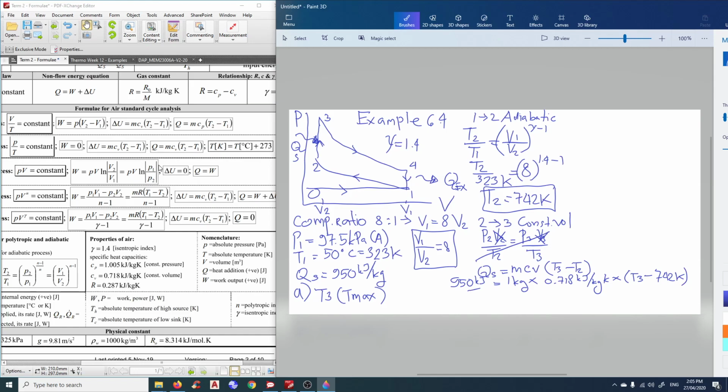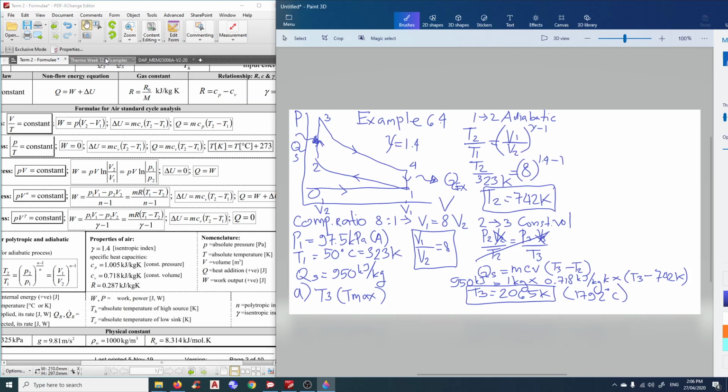Solving this, our T3 is 2065 Kelvin. In Celsius, it is 1792 degrees Celsius. It's pretty hot. This is our maximum cycle temperature, so the cycle temperature wouldn't go beyond this.